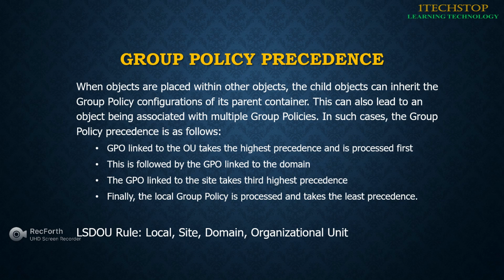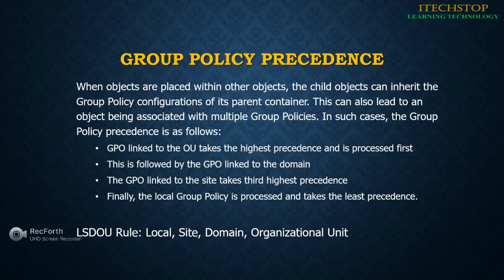Then the policies at the site level are applied, then at the domain level, then the organization unit, and then the sub OUs if they exist. So simply, you have to understand the LSDOU rule: local, site, domain and organizational unit. This is how a group policy will apply.